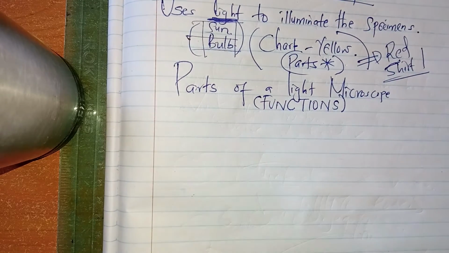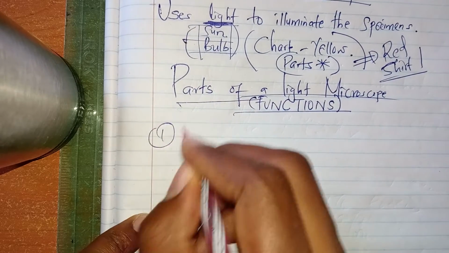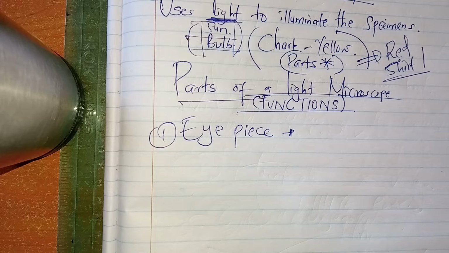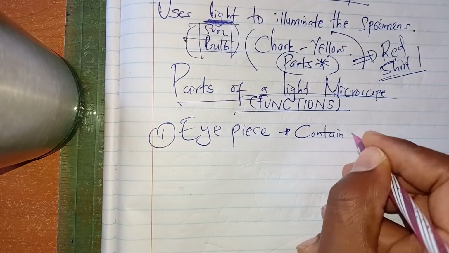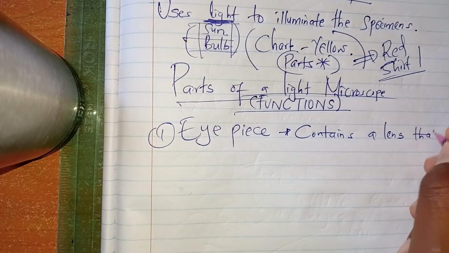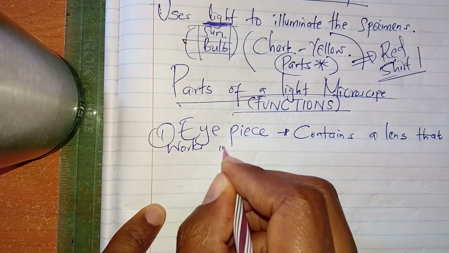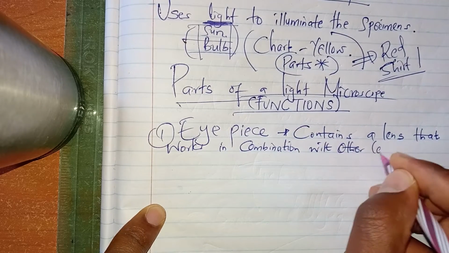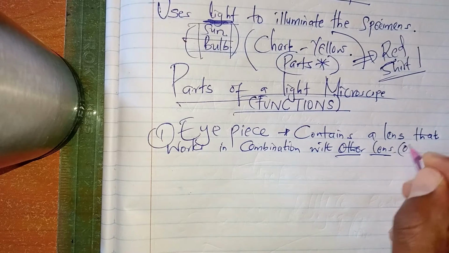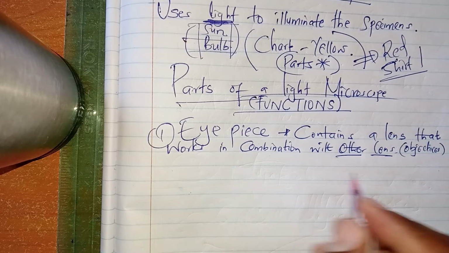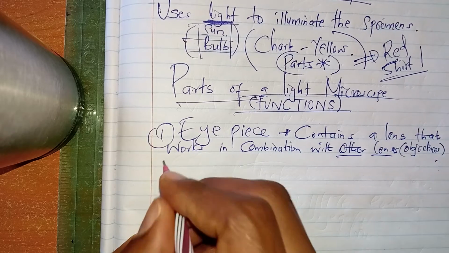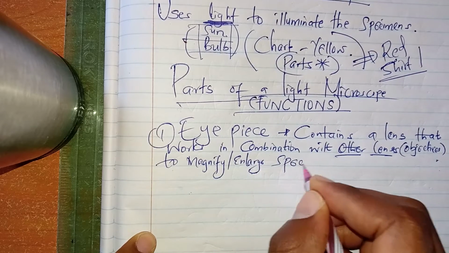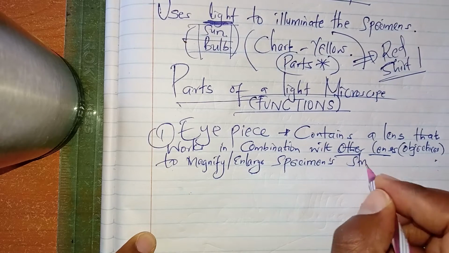The eyepiece, part number 1. The eyepiece contains a lens that works in combination with other lenses, the objective lenses, for example, to magnify or enlarge specimens' structures.